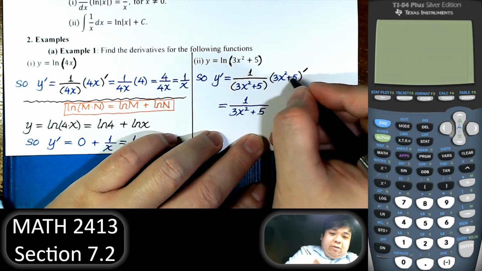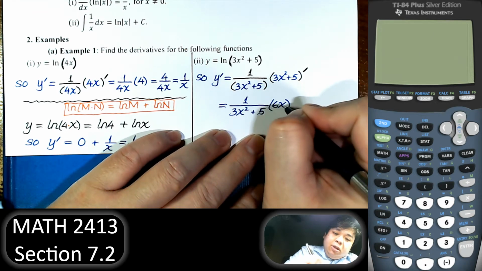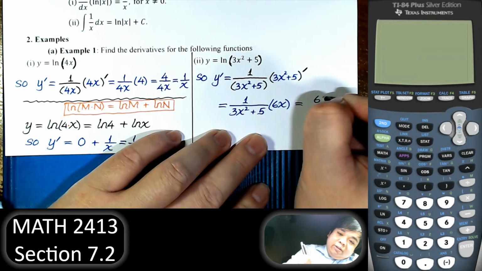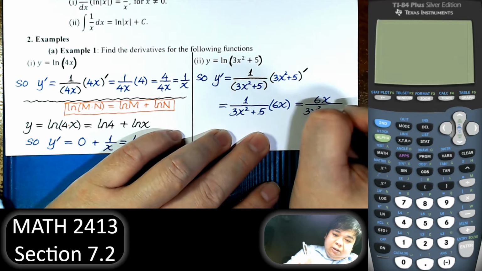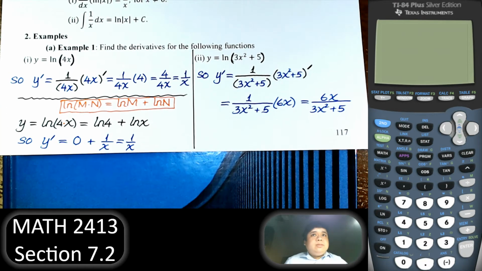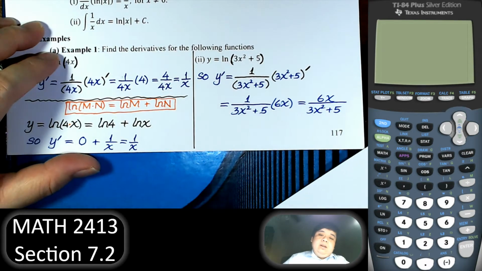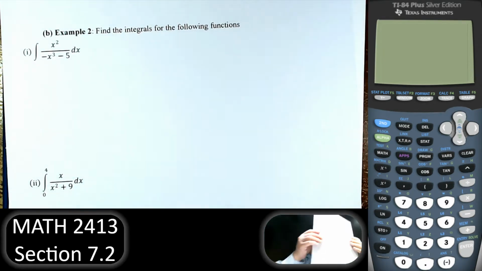And the derivative of 2x squared plus 5 is 4x. I can multiply it on the top, and that's what we have. So just like that, the derivative of ln is the reciprocal function.